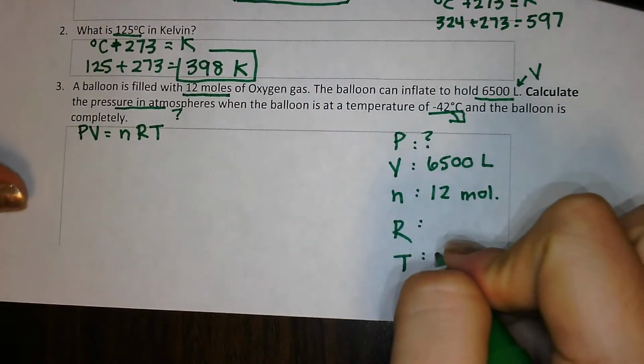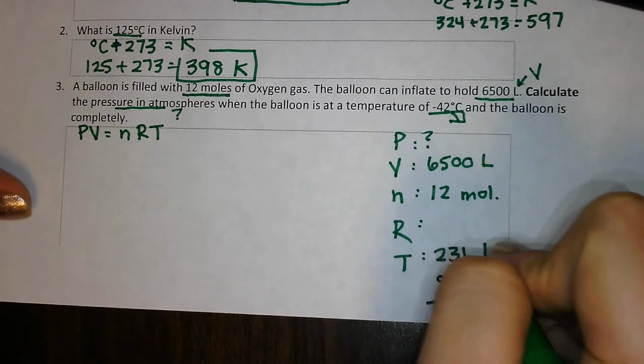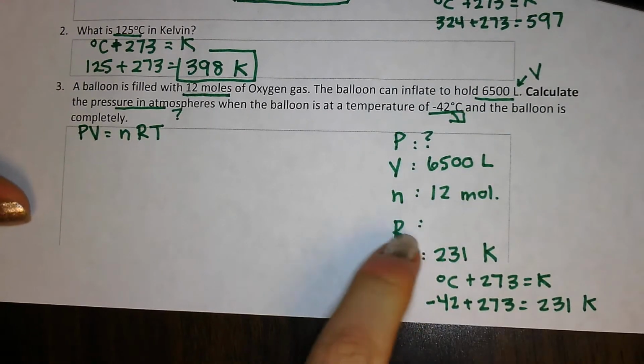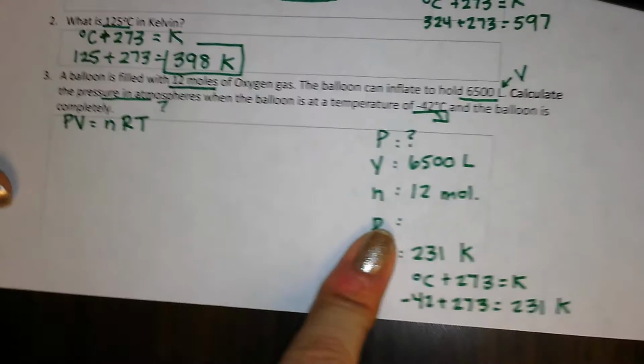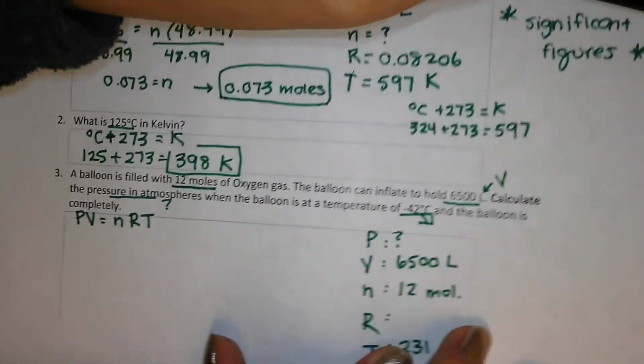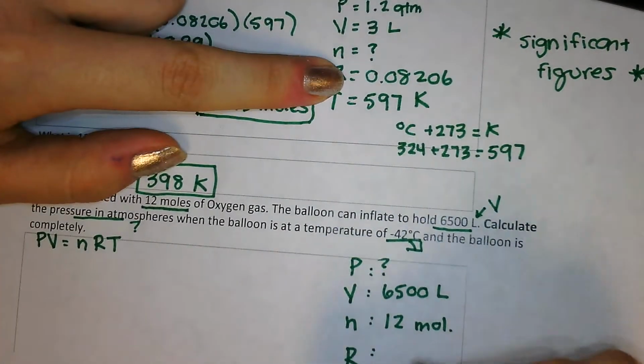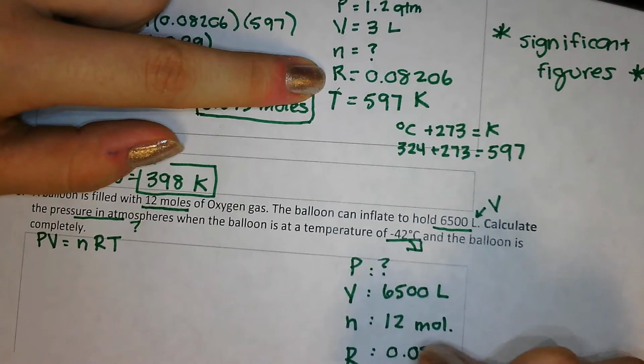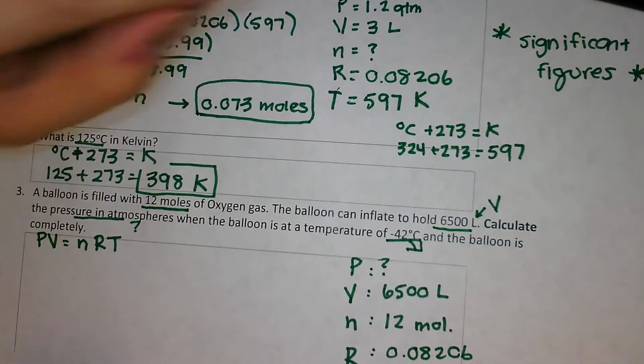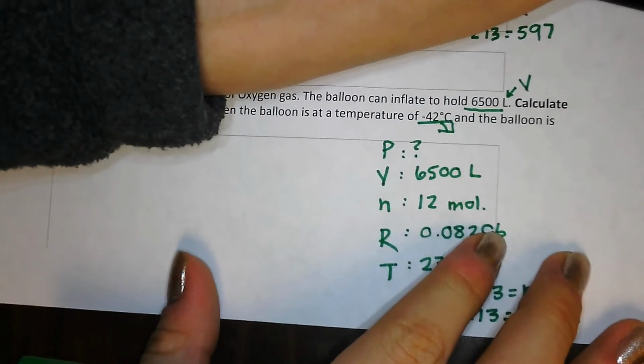So my temperature is 231 Kelvin. R is always a constant. Again, it is always going to be the same as up here. 0.08206. It's a constant. It's always the same.